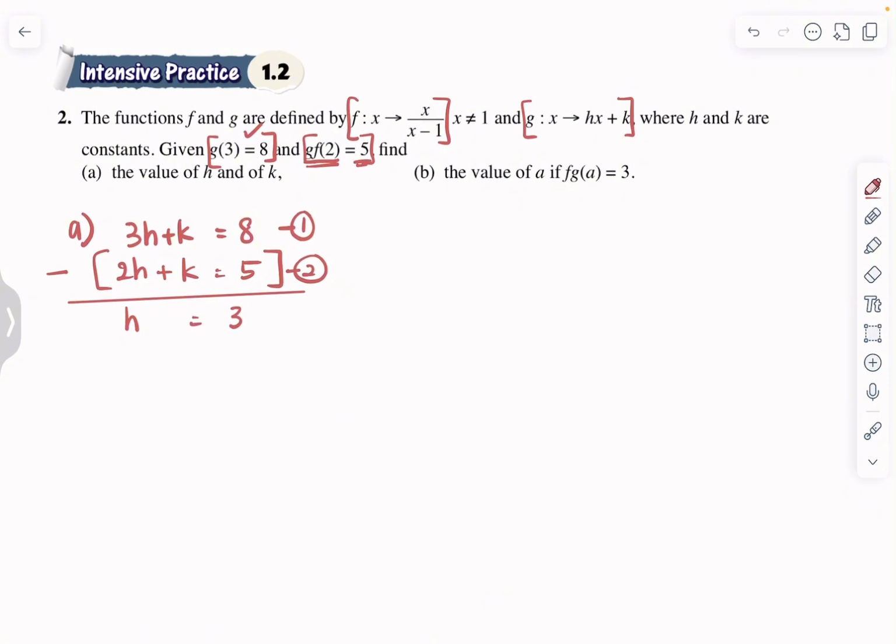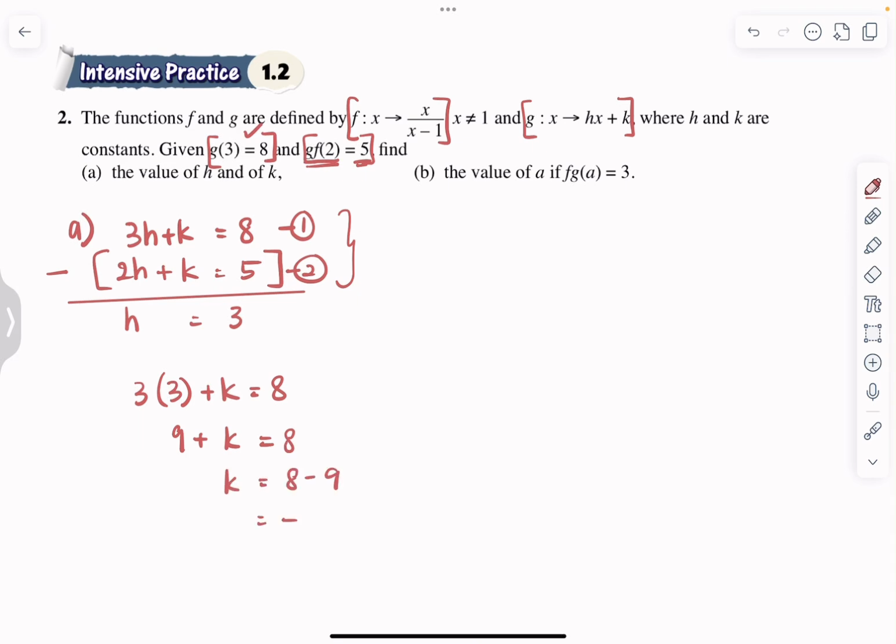Then you can sub this value into any of these equations. So let's take equation 1, 3h plus k equals 8. So 9 plus k equals 8. Therefore, k is 8 minus 9, negative 1. So h is 3 and k is negative 1. Okay, simultaneous equations.